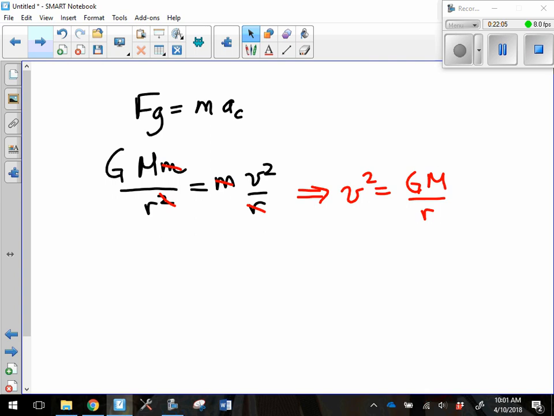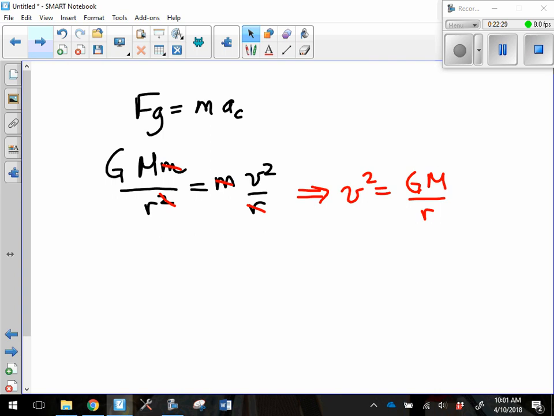So the closer a planet is to the sun, that's going to mean that little r is smaller. That means that v is going to be bigger, and so it's going to move faster. Mercury has a year of 88 days, and our year is 365 days because we're further out.